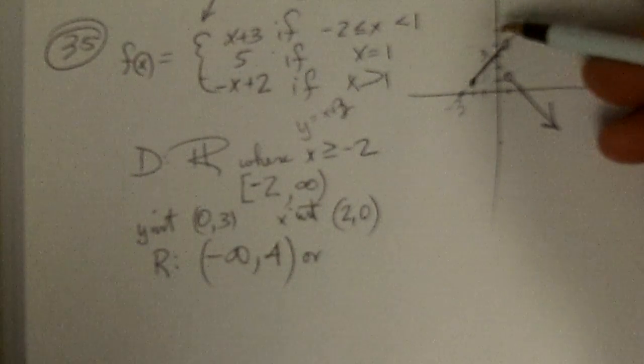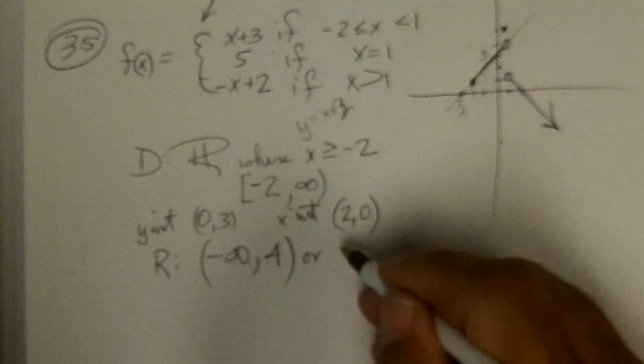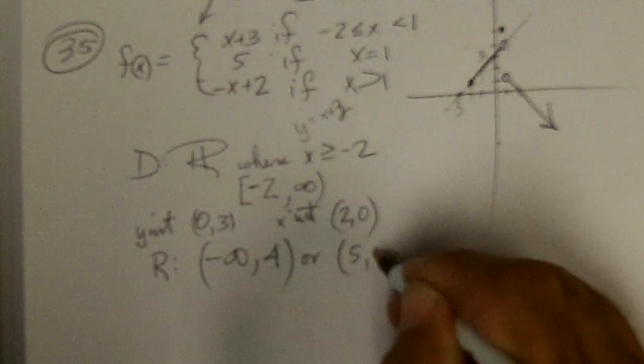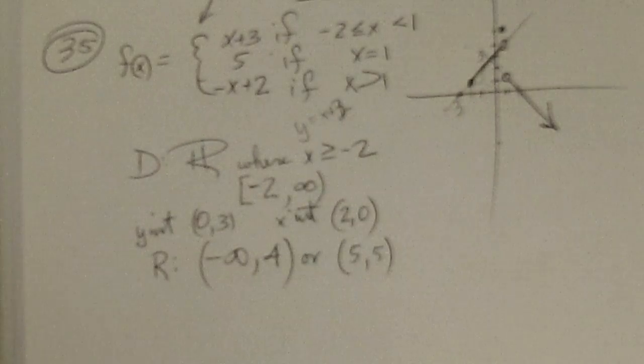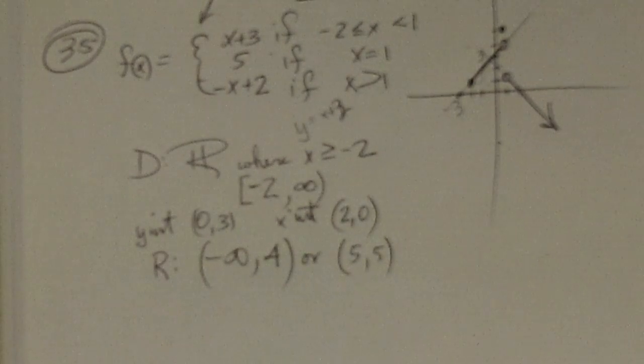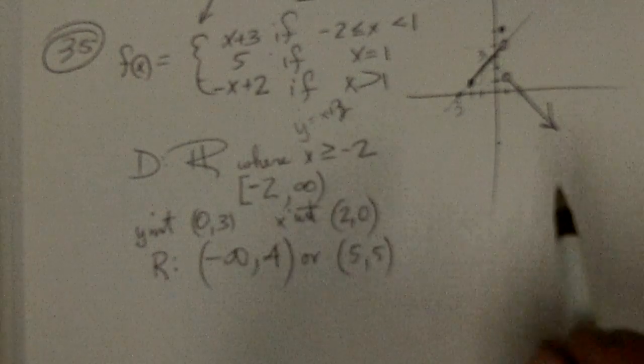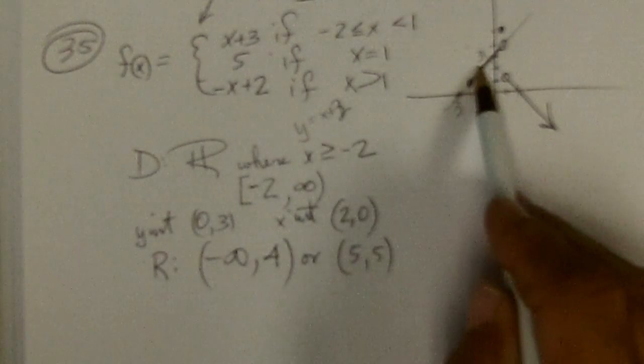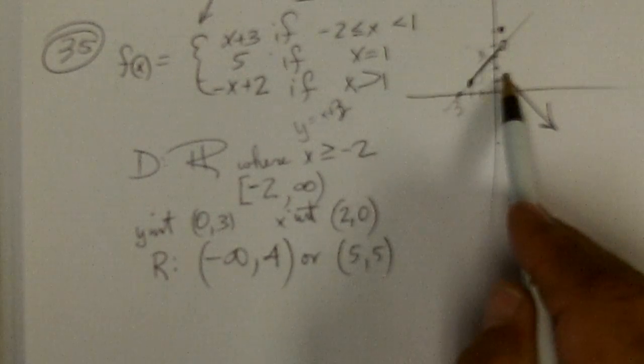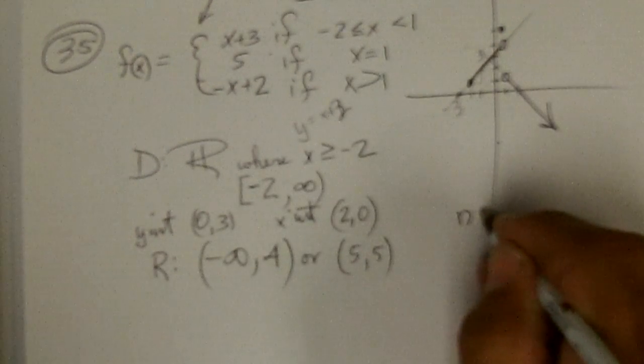It has a y value of 5. And so it goes from 5 to 5. In other words, only at 5. That was the range. Is the function continuous on its domain? Is it all connected? Well, this is not connected and this is not connected, so it's not continuous.